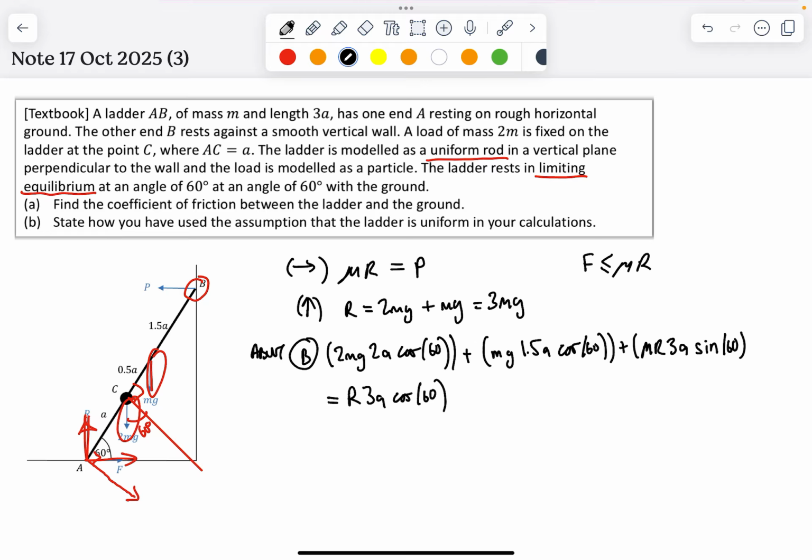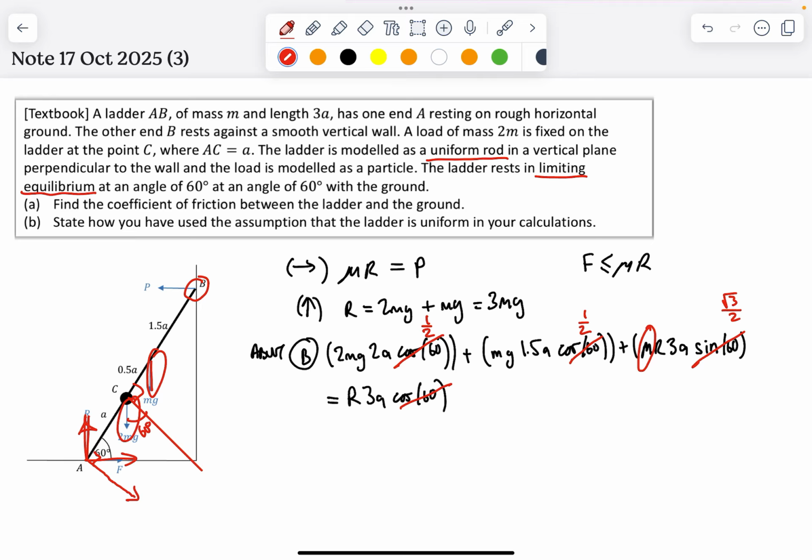So I've got that. Now all I've got to do is rearrange this so I can find out what mu is. So I'm going to replace all of the angles. Cos of 60 is a half. Sine of 60 is root 3 over 2.